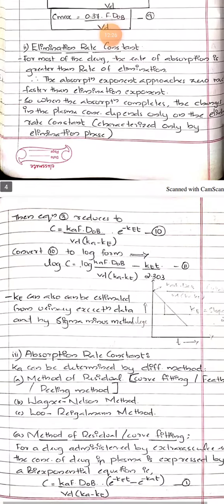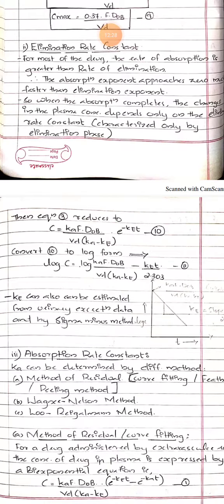When you find the elimination rate constant, you have to mention the assumption that the absorption exponent approaches 0 much faster than the elimination exponent. The reason is that absorption takes place at a much faster rate than elimination.